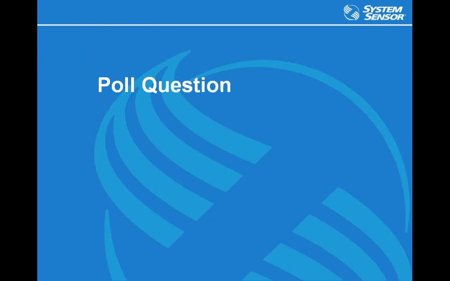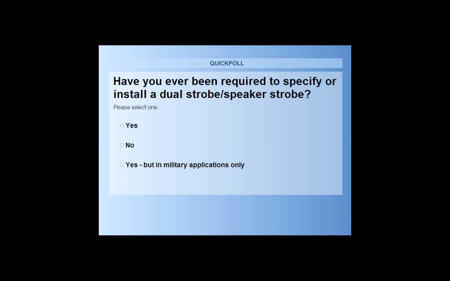David, I think we're at our final poll question. Okay, we sure are, and we do have a number of good questions posted from attendees as well. The last poll question I'll launch here is more product specific, and we're just inquiring to see if you've had a specific product need in any mass notification or intelligibility type installations. So have you been required to specify or install a dual strobe speaker strobe?